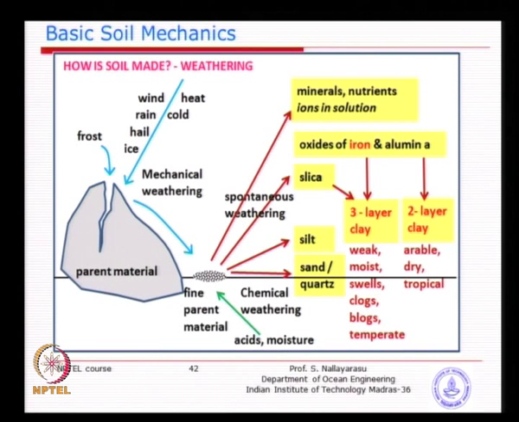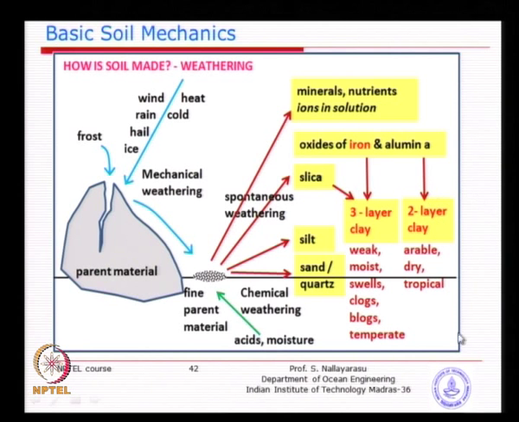In several places temperature goes extremely high, like 50 degrees. If you go to the Middle East, it goes to 50 degrees in the summer, and at night time it goes down to a lower temperature. So, the large variation can break the rock into pieces if it is a weak rock, of course not a solid rock.